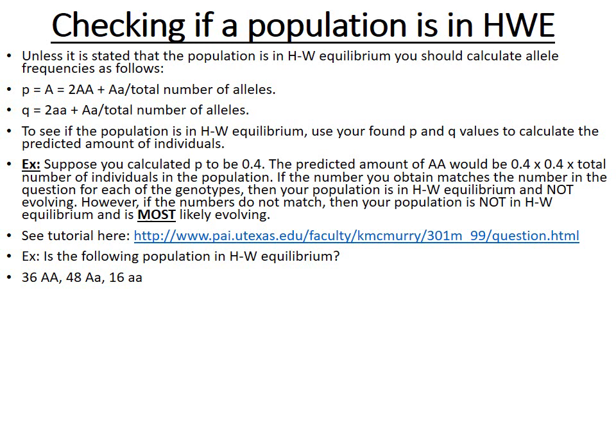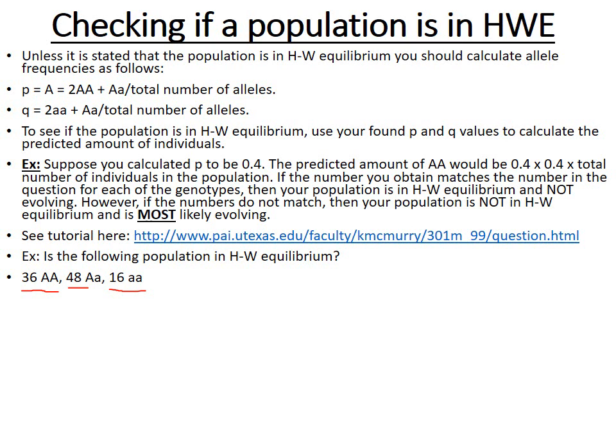Now, sometimes you might be given some information about a population. You might be given the exact genotype numbers for each type of individual, and you'll have to figure out if that population is in Hardy-Weinberg equilibrium or not. So when you don't know if it is, you have to calculate the p's and q's in a bit of a different way.